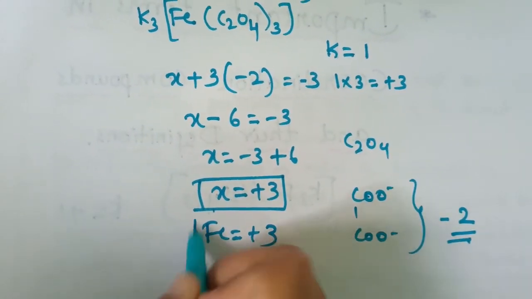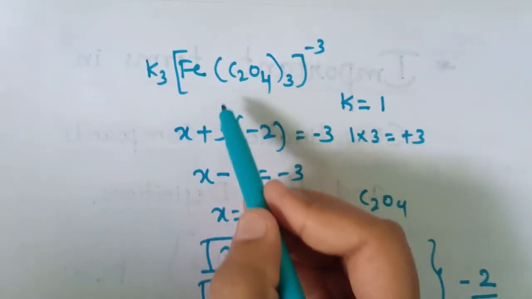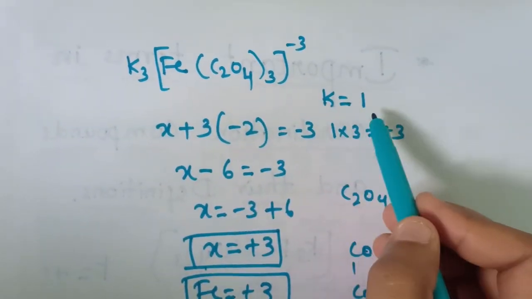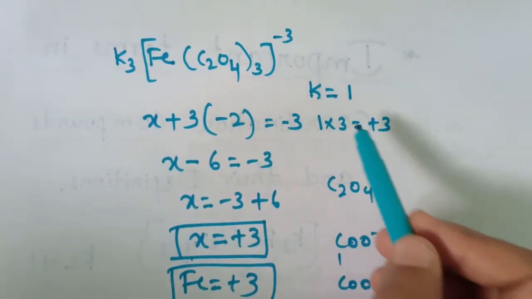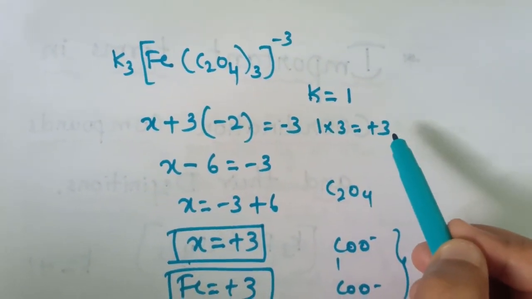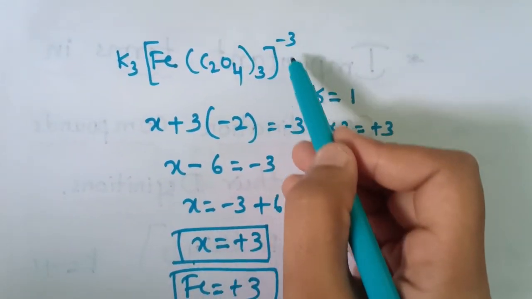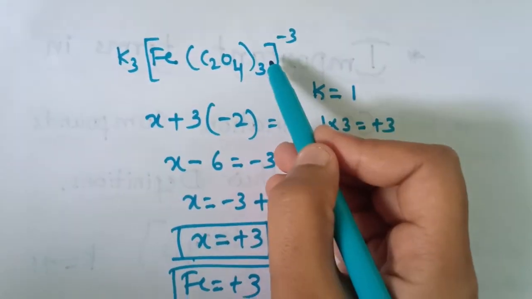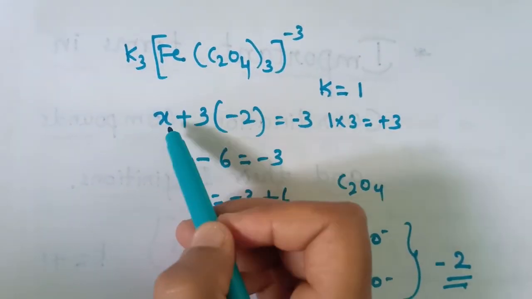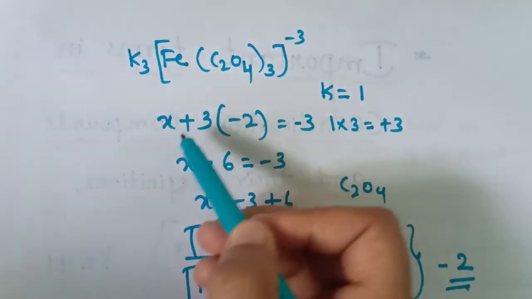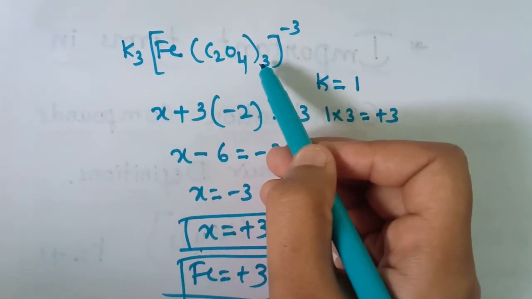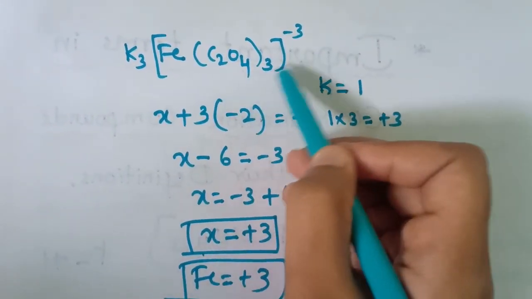Here it is plus 3. First, K has 1 oxidation number. 1 into 3 is plus 3. The counter ion has plus 3, so the complex should have minus 3, exactly opposite of the counter ion. So Fe we don't know the oxidation number. Let's put it as X plus 3. How many C2O4? 3.